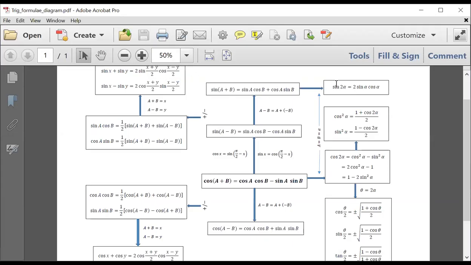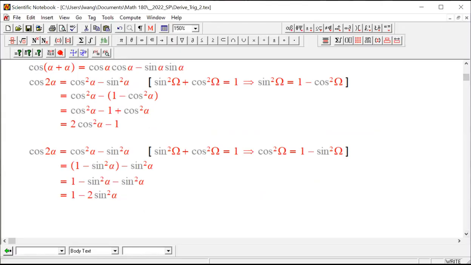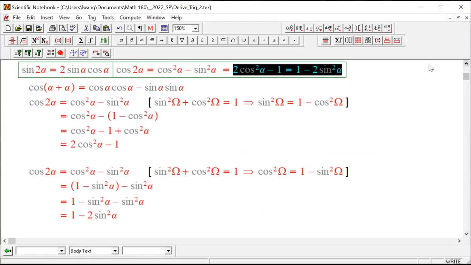We found the sine double angle and the cosine double angle, and we're going to get these two. These two are especially useful. Let's see how we get them.